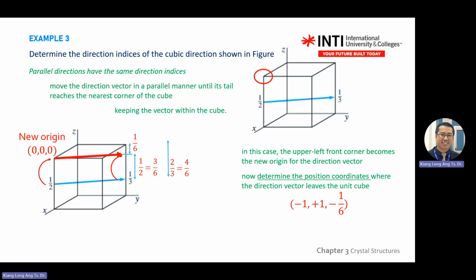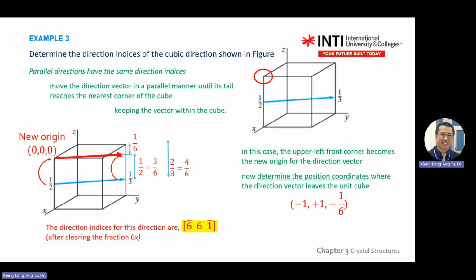This is what our draft shows. In X, it moved back, to the back of the X, so it moved minus 1. Then Y, it moved to the front, to here, so it's 1.